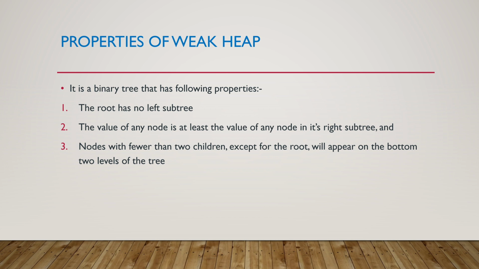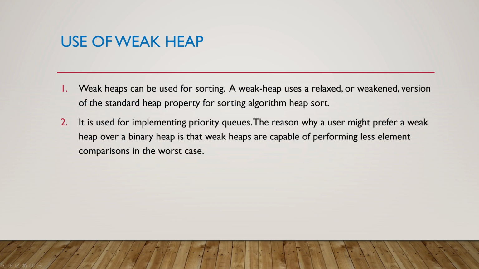This can be a little bit confusing, but we will see an example later and that should make things clear. The third property is quite simple: nodes with fewer than two children, other than the root, will appear only at the bottom level or one level up from the bottom level. With that said, let's look into how these properties are maintained.